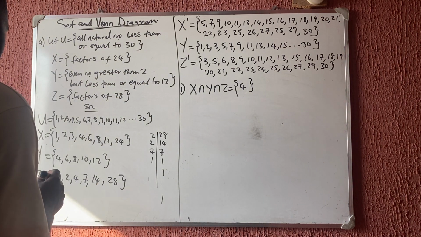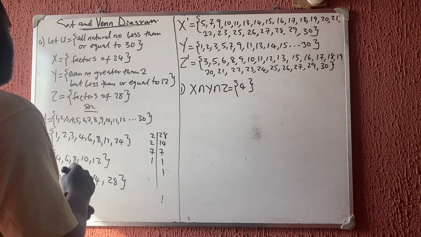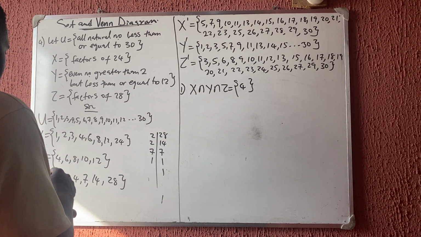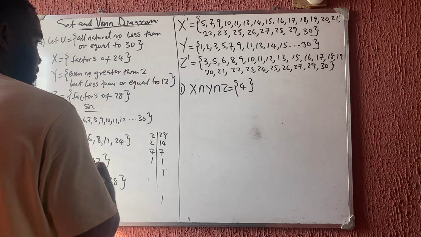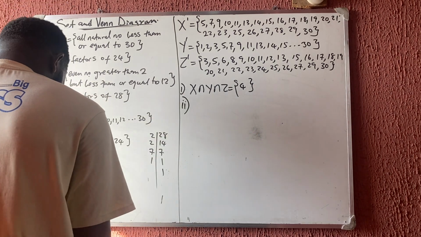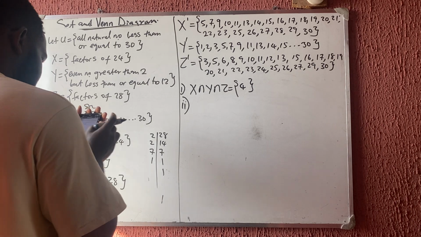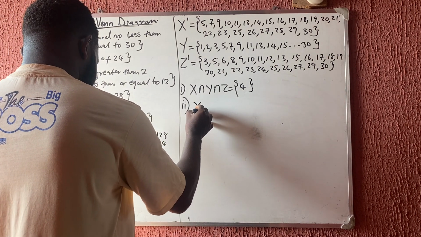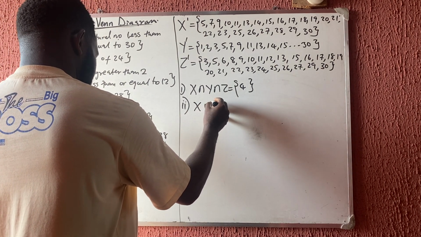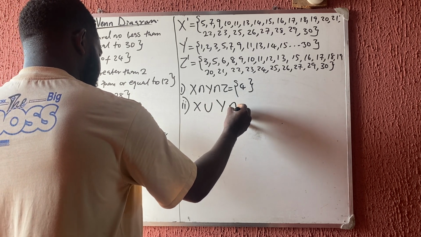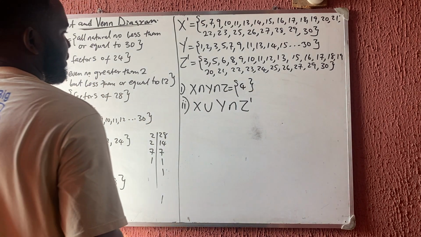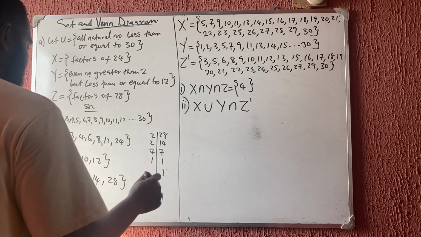Okay. So the next one is what? I said x union y, then intersection z prime. First of all, we need x union y.